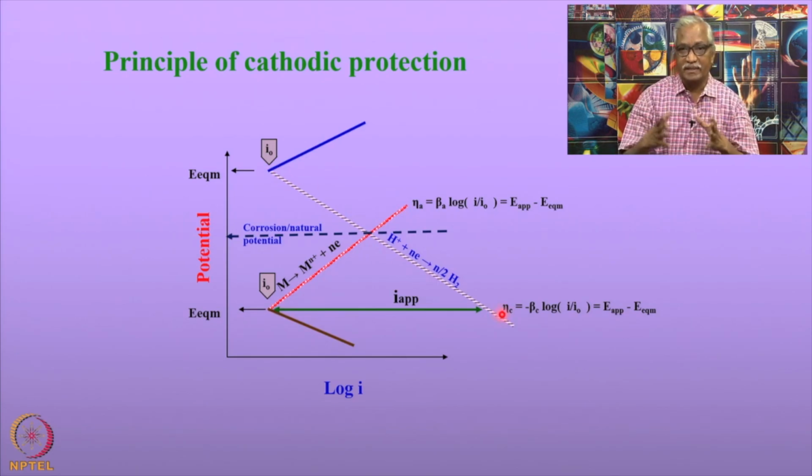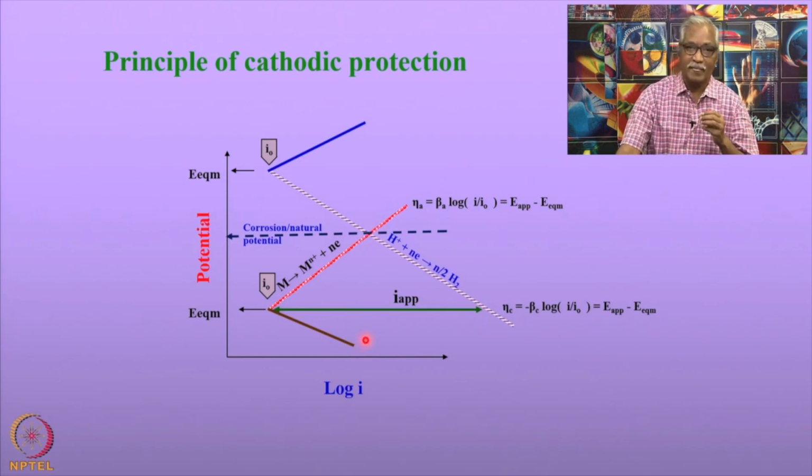So, when the metal is exposed to a corrosive environment or to soil, it exhibits a potential called the natural potential, or also called the corrosion potential, given here. Corresponding to this particular potential, the metal will exhibit a corrosion rate given by the corrosion current density in this Evans diagram.